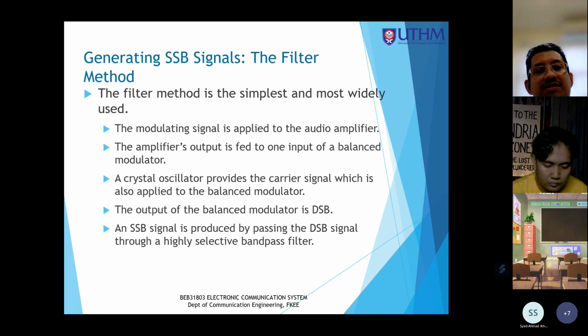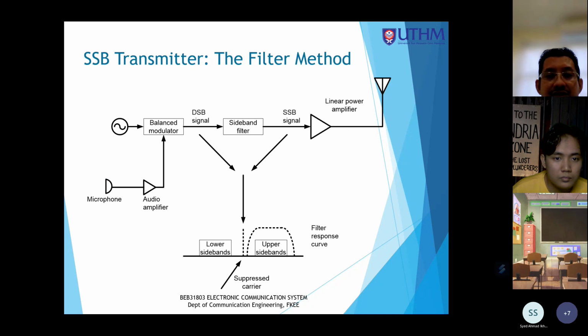Filter method means that we are using the filters to select the desired frequency band, the desired sideband component that we want. For example, in this figure, kita ada carrier signal di sini, and this is the modulating signal input from here.